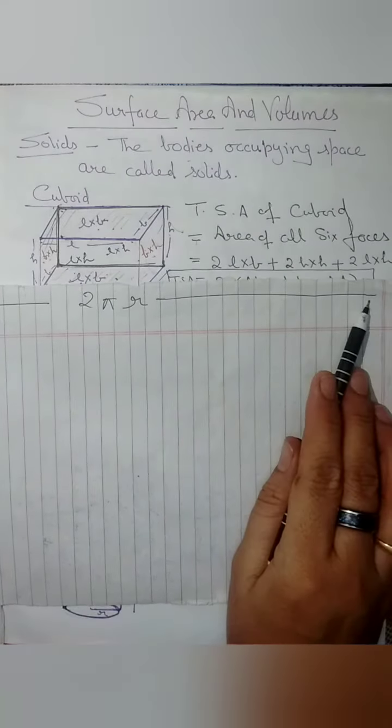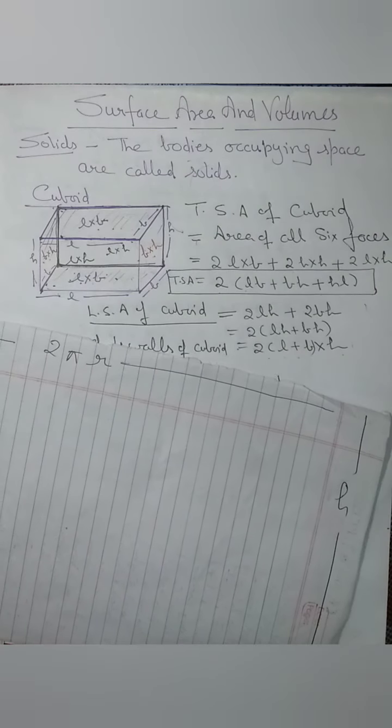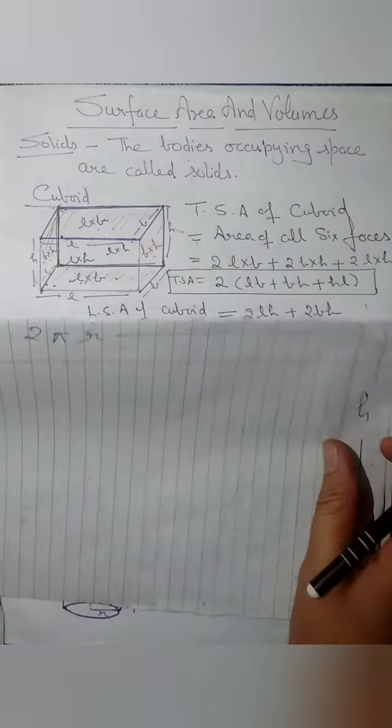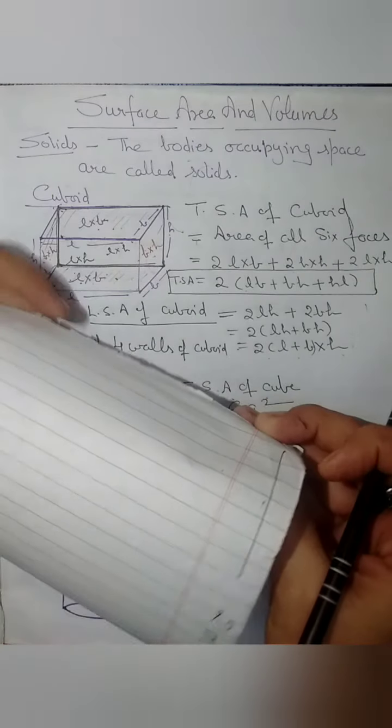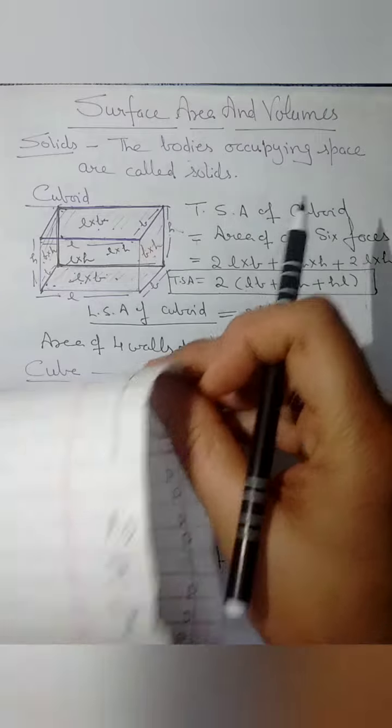Length of this rectangle is 2 pi r and breadth of this rectangle is h.